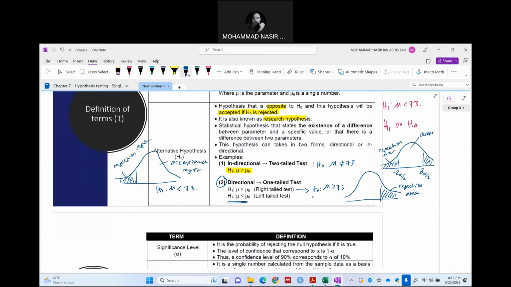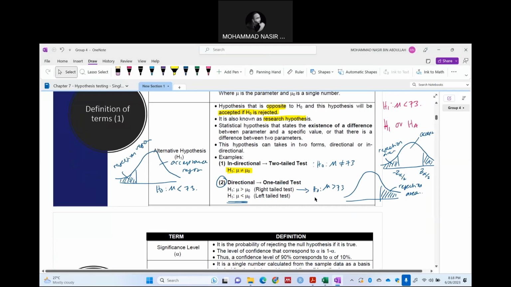So when the statistical value, which is Z value or T value, lies inside the acceptance region, then we will accept null hypothesis. If the statistical value lies inside rejection region, then we will reject null hypothesis and accept alternative hypothesis.